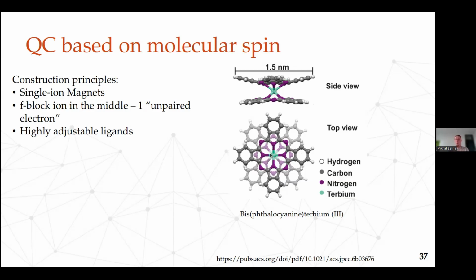Here in this case you can see that the heavy ion is terbium in oxidation state 3. The ligand field here, these large organic molecules, can be quite easily adjusted just by modifying the structures.